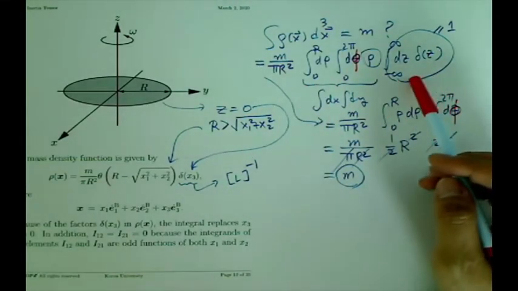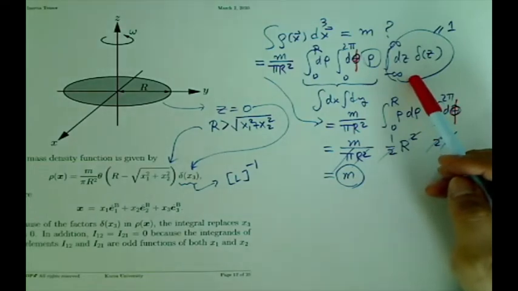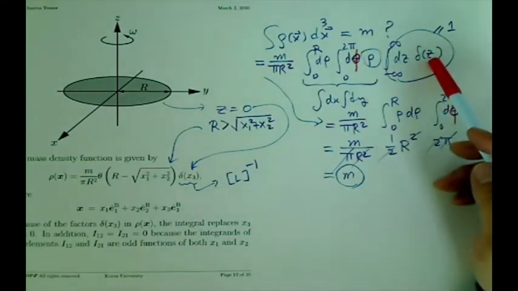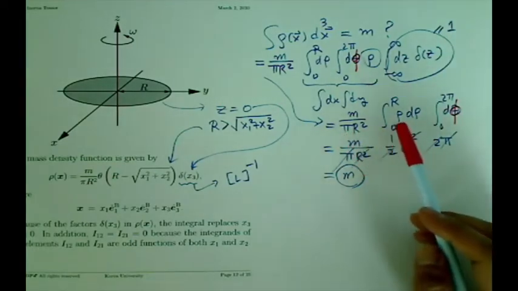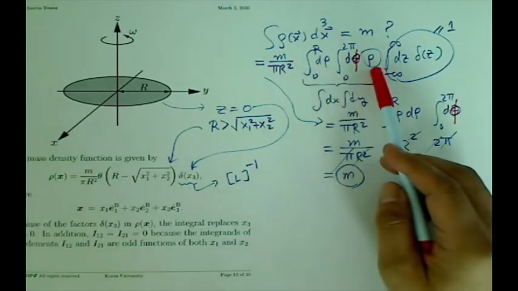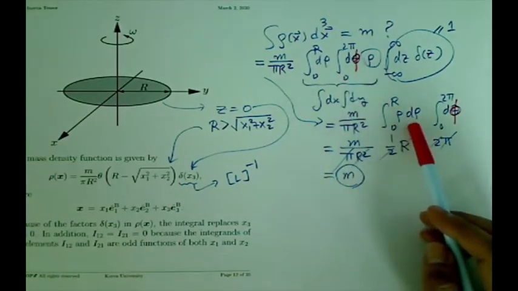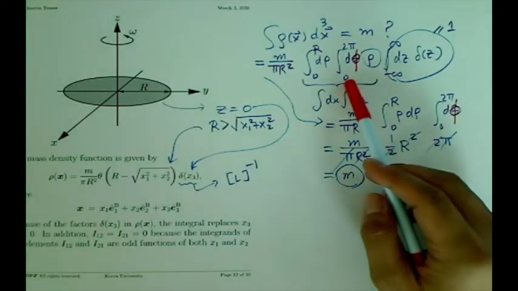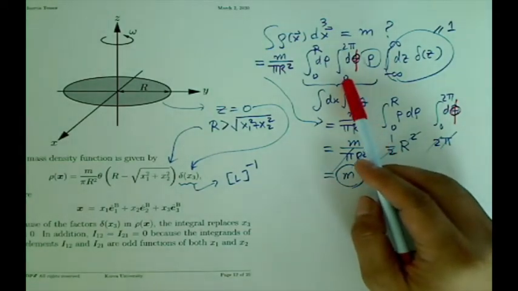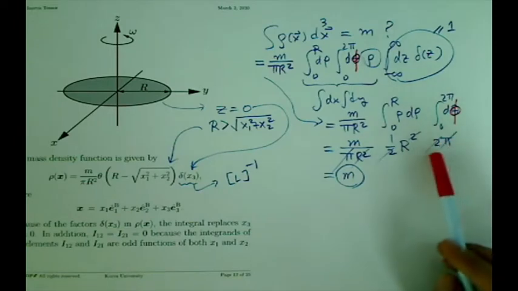Alright, the integral over z is trivial. This delta function gives 1. And the radial integral is rho d rho, this is 1/2 r squared. And for the azimuthal angle rotation, this integral is simply 2 pi.